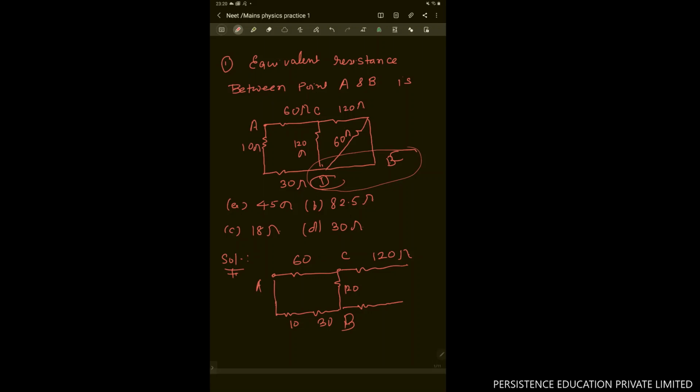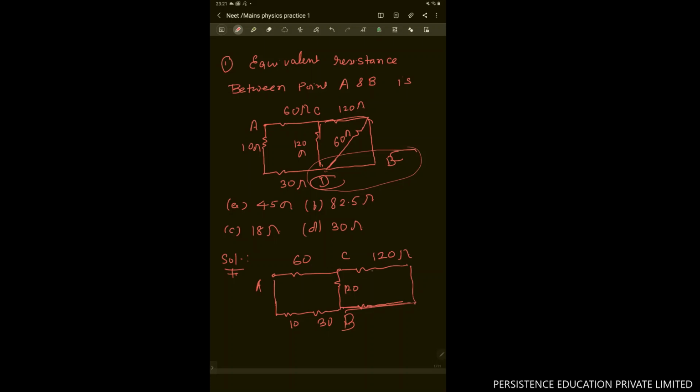Between C and B, another 120, and this 60 ohm is between B and B, right? So this is like a short circuit. So there is no current passing through this. So you can remove this. There is nothing like this, it will be a short circuit.